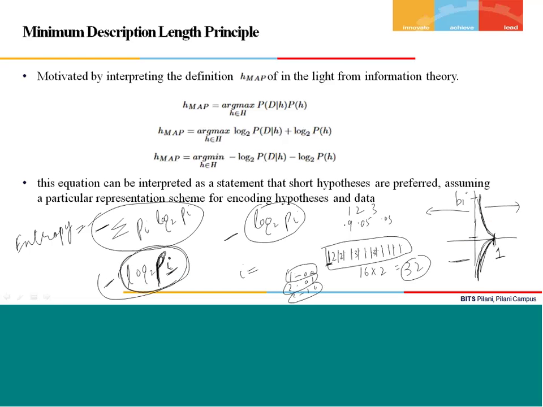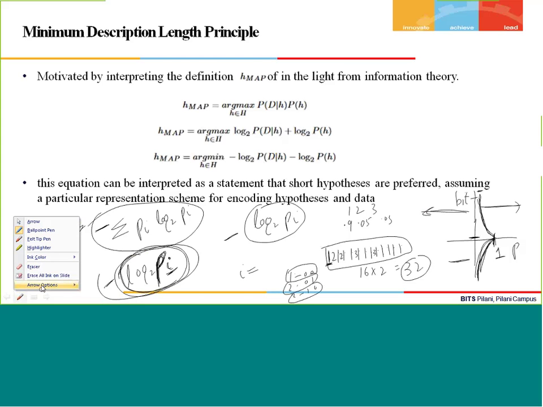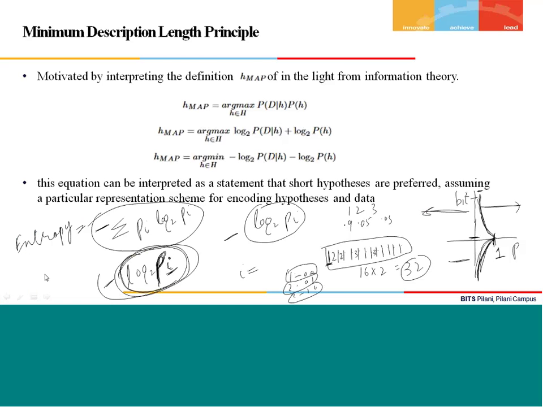This is the bits axis and this is the probability axis. That is what entropy means here. So this is what minus log p_i stands for.